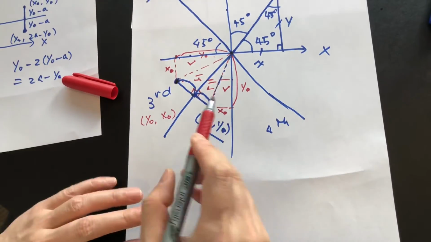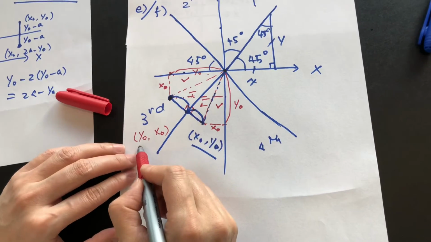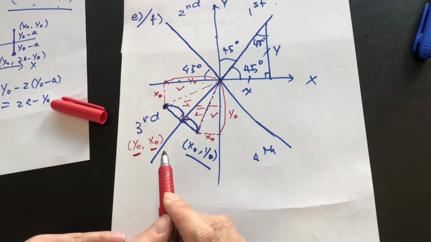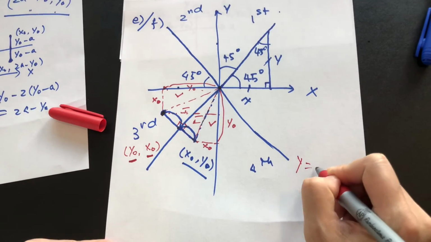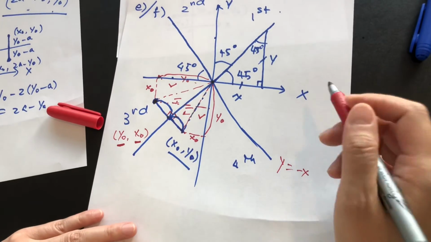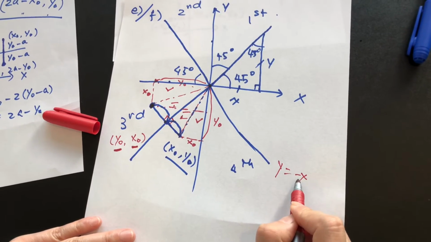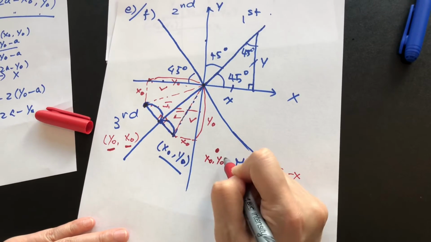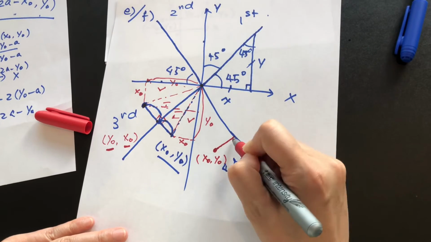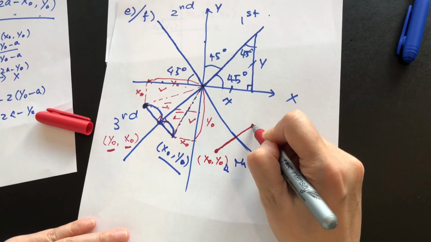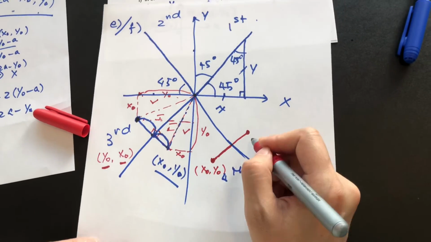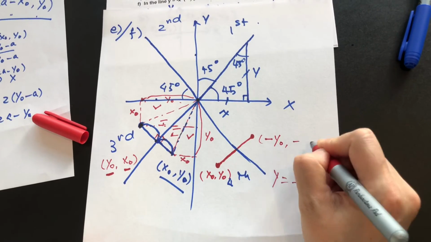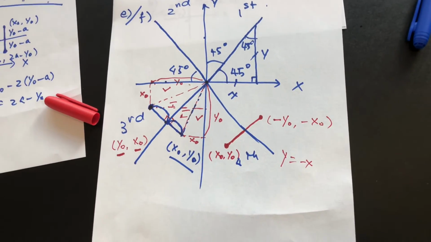It's a little confusing. The distance on the x-axis is the x coordinate. Distance on the y-axis is the y coordinate. For y equal to negative x, it's a different scenario. You will find that because of the negative sign, both are changing. You have x0, y0 on this side, and again, you do a perpendicular line. You will find this number is, because of the negative sign, negative y0 and negative x0.